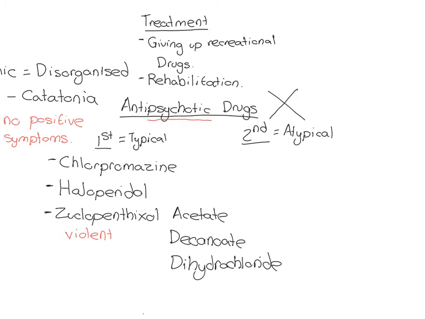Okay, so now to talk about these 3 different forms that it comes in. Zuclopentixol acetate and zuclopentixol decanoate are both intramuscular injection forms rather than a tablet that you take. And these are the forms that can be given if someone isn't going to comply with taking the medication.